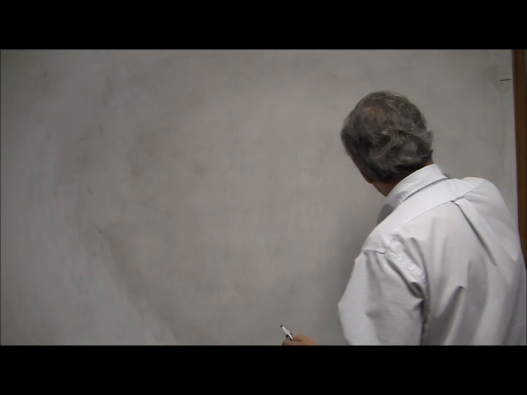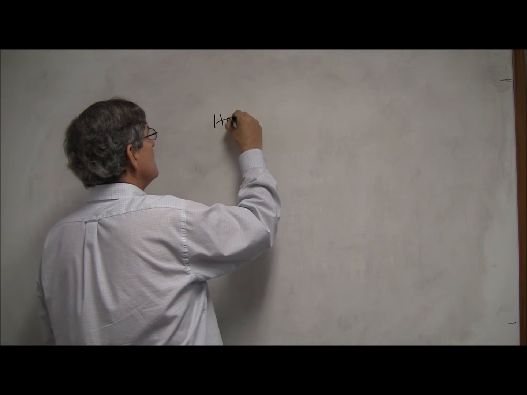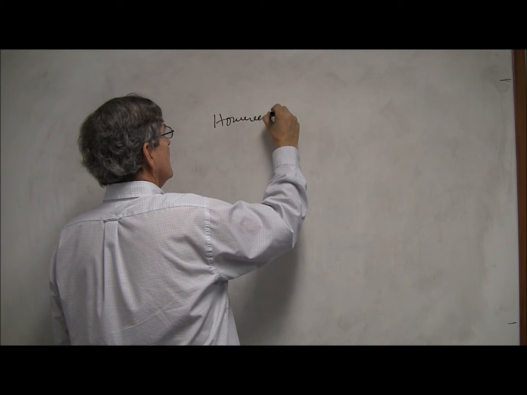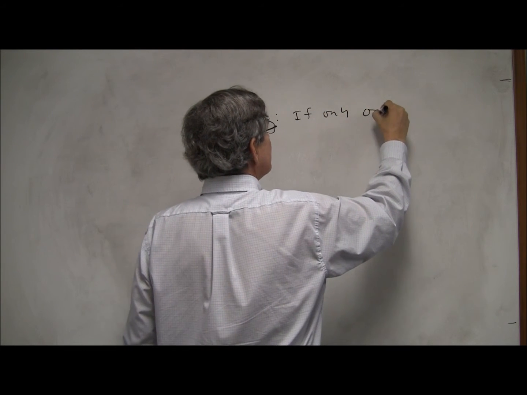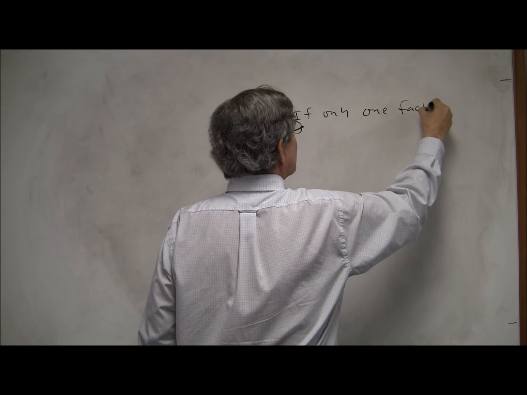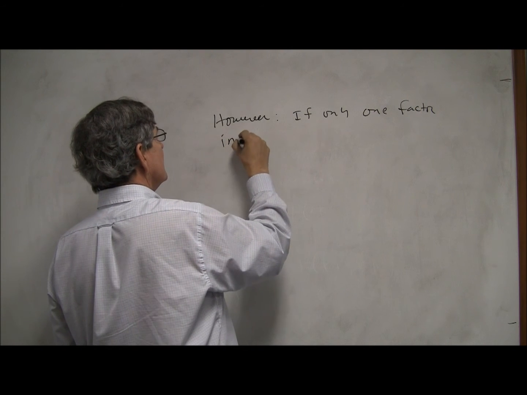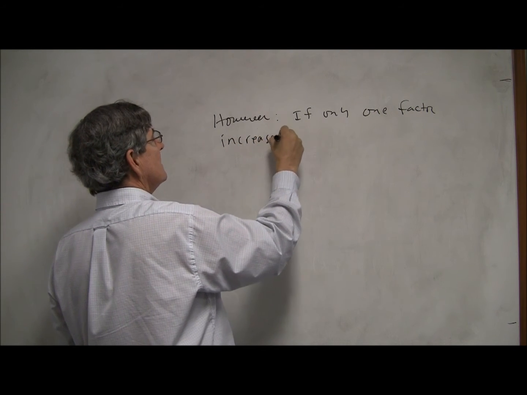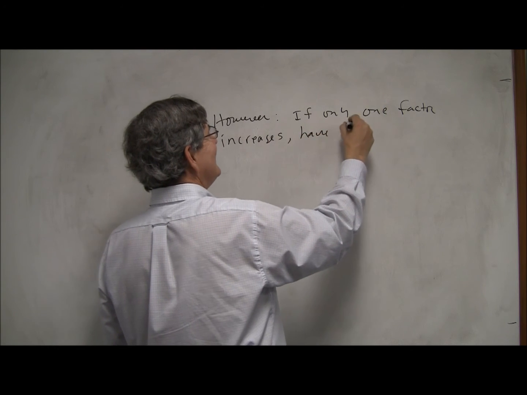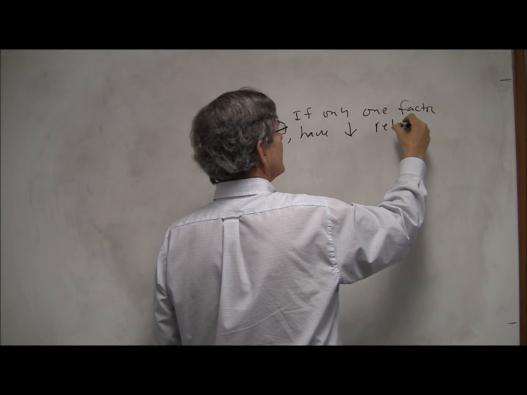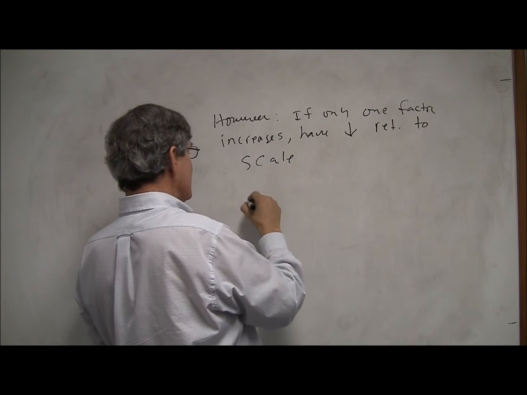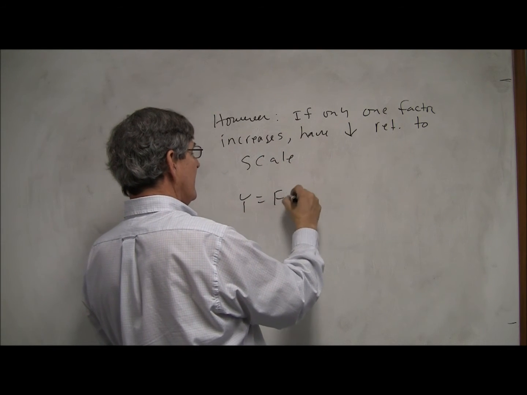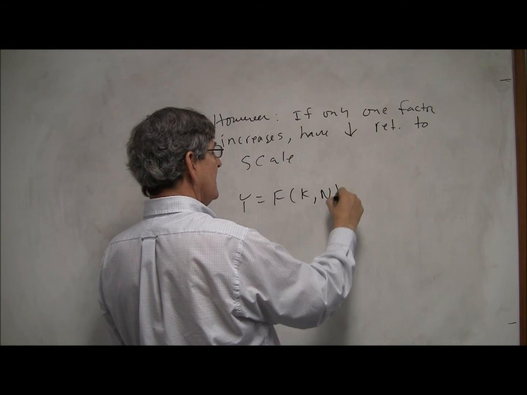However, if only one factor increases, we have decreasing returns to scale. So I have y is f of k and n.